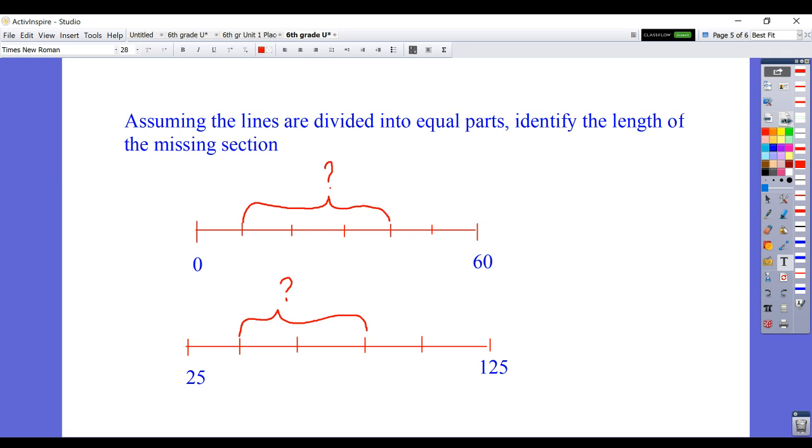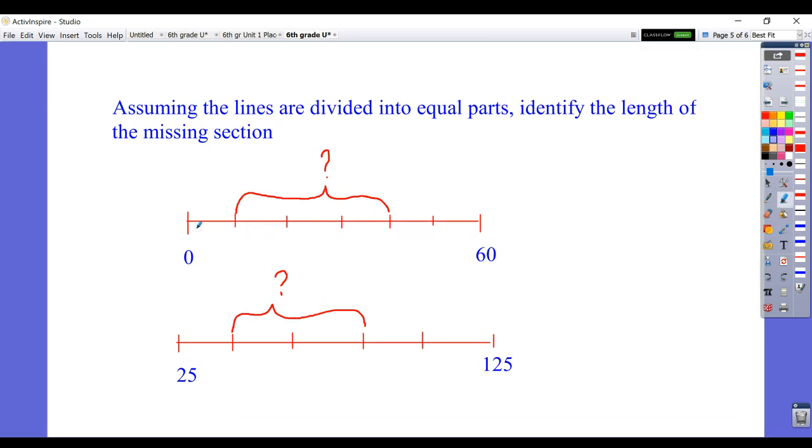All right, then another type of question that will be on the test that was not on the quiz is, if we assume that these lines are divided in equal parts, what is the length of the missing section? So what you want to do first is figure out, what is the distance here? Well, we're going from 0 to 60, and you're going to count the number of spaces. We have 1, 2, 3, 4, 5, 6 spaces.